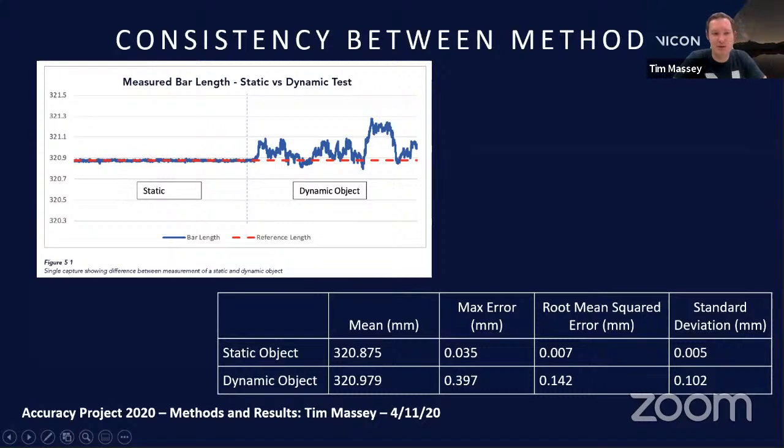It's much, much more consistent, and just comparing the difference in the errors before and after, I think, is quite informative. This is an example of controlling for one variable and making sure that we keep everything else consistent, to examine what impact it has. And in this case, it's quite significant.